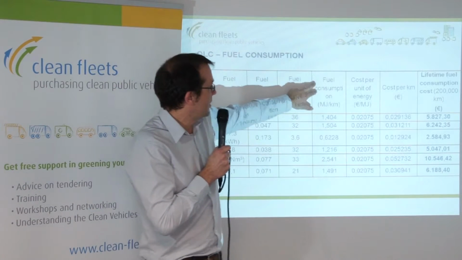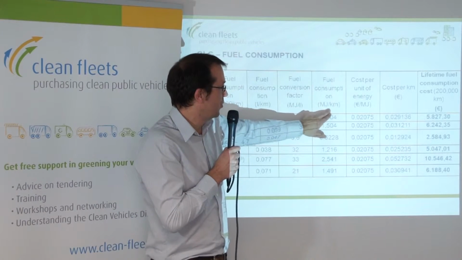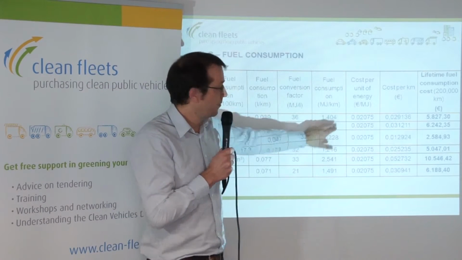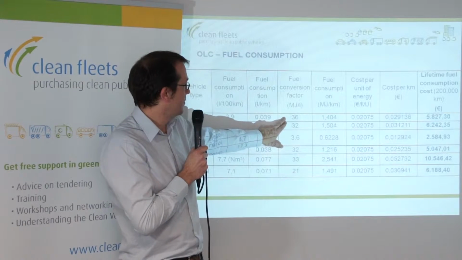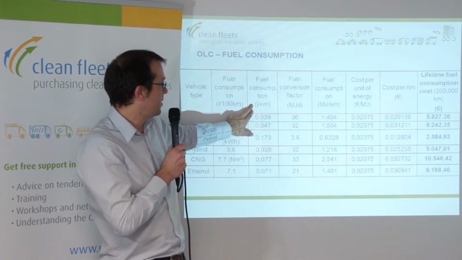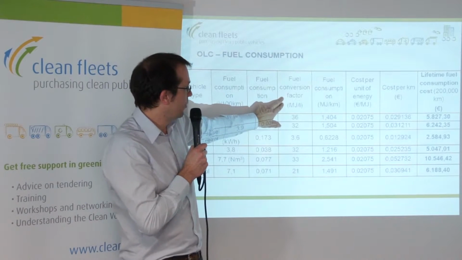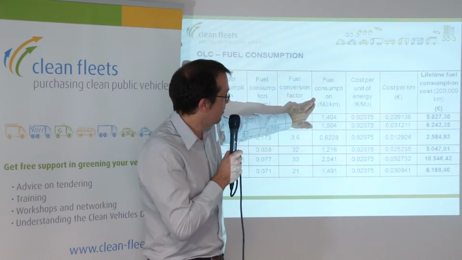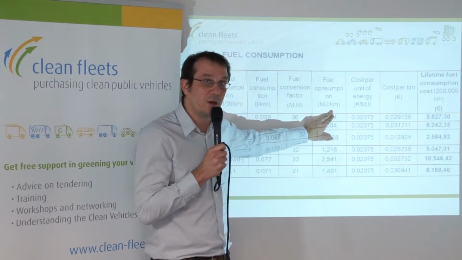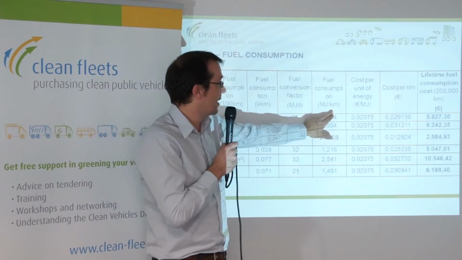To move on to assess fuel consumption in terms of megajoules per kilometre, we need to multiply these two columns. So you multiply fuel consumption in litres per kilometre by the fuel conversion factor of megajoules per litre, and this gives you fuel consumption in megajoules per kilometre, which is what we need for the final calculation.